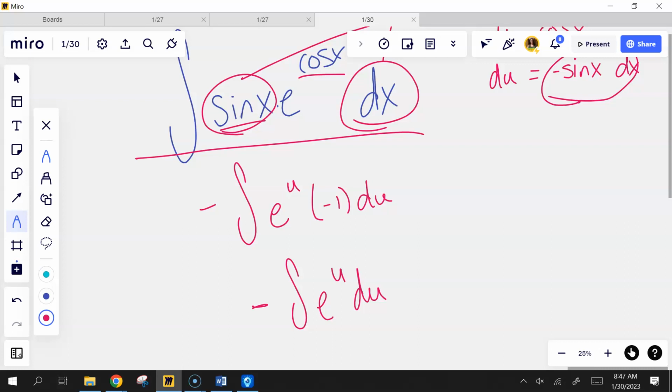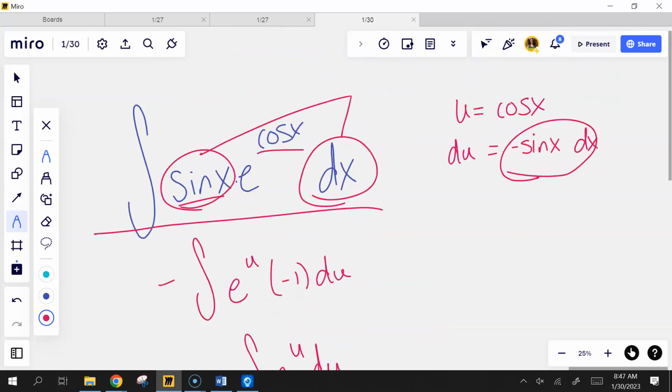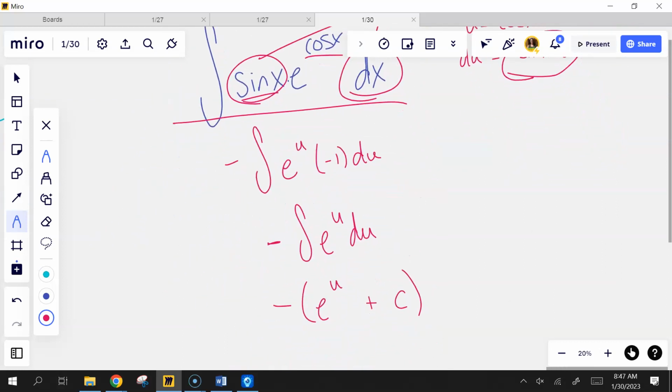What is the antiderivative of e to the u du? I got a negative out here, right? E to the u plus c. Well, now I can go back and go, wait, what was u? Cosine.